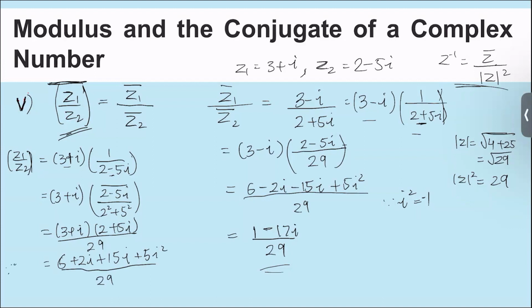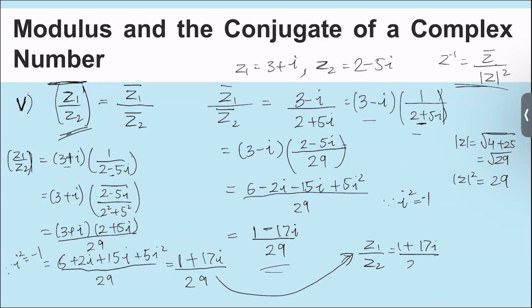Now, since we already know i squared is equal to minus 1, this becomes minus 5. 6 minus 5, you have 1. And this is plus 17i, and then this is 29. Okay. So, I'll just continue it over here. So over here, you can see that z1 by z2 is equal to 1 plus 17i by 29.